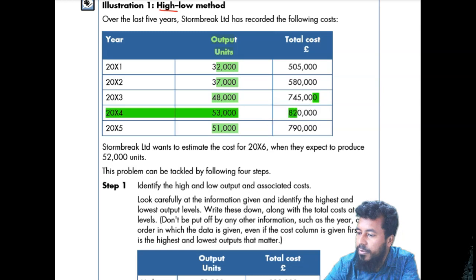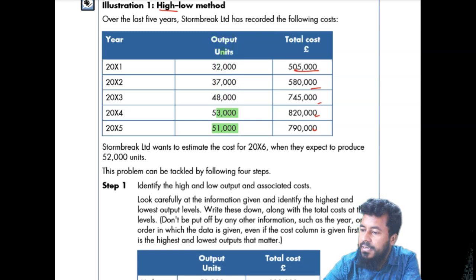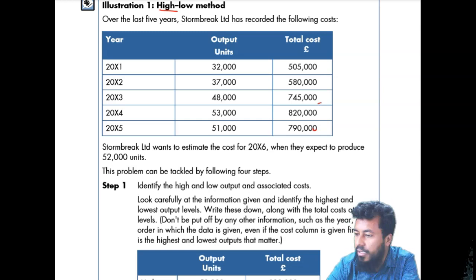So for example, these are your costs. What you need to find is the highest output level and highest cost, or the lowest. Here, this is the highest, and 2011 is the lowest.